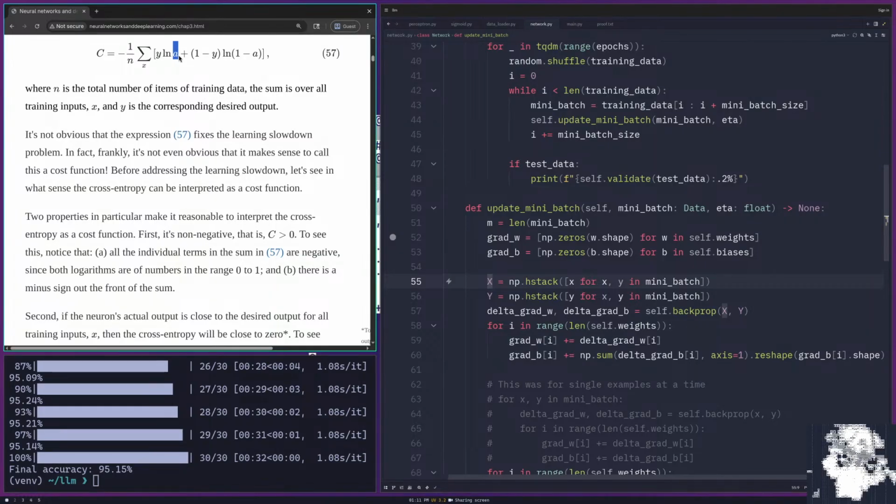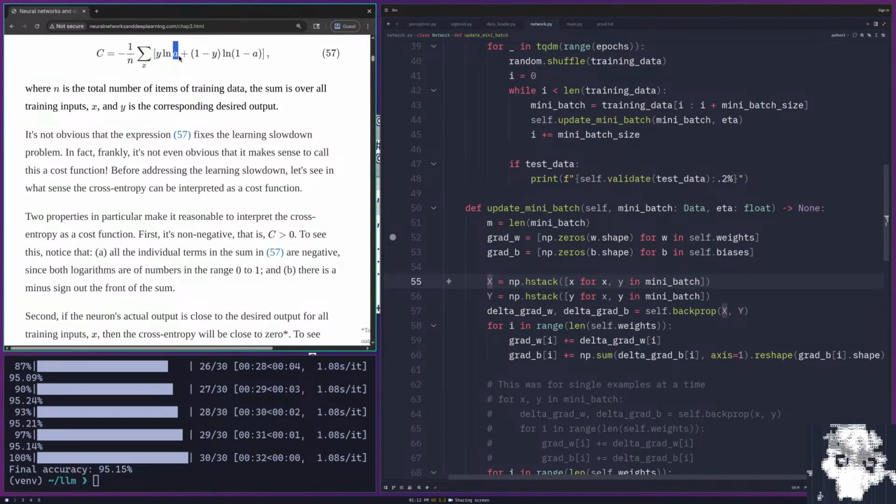So the a is a number between 0 and 1 if you're using sigmoid, because then your output is always between 0 and 1.